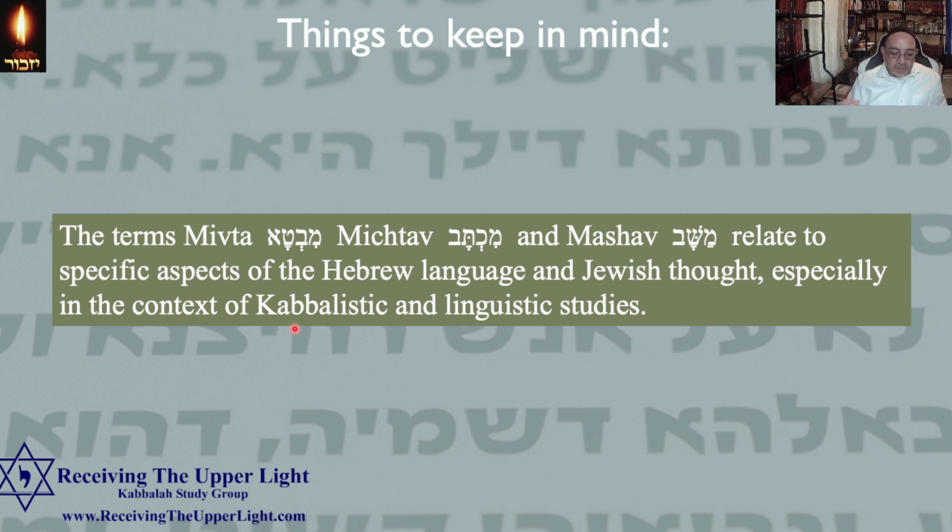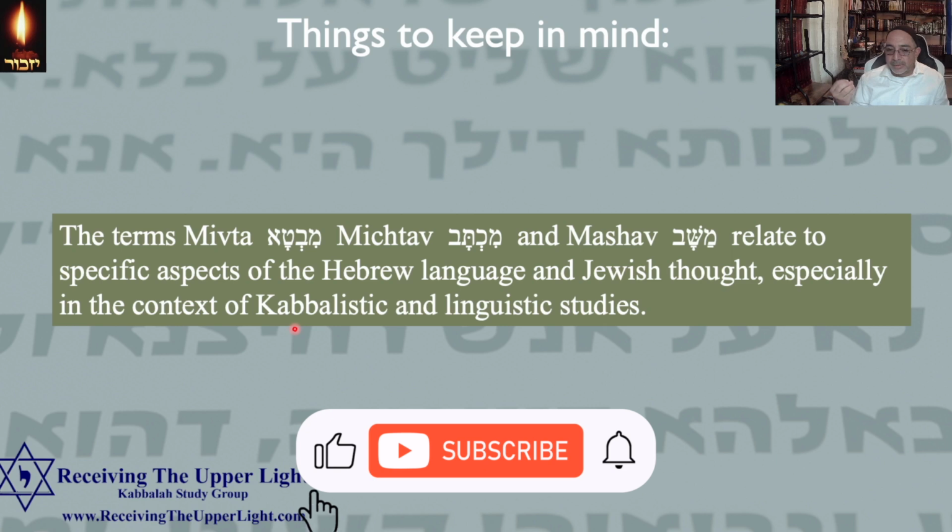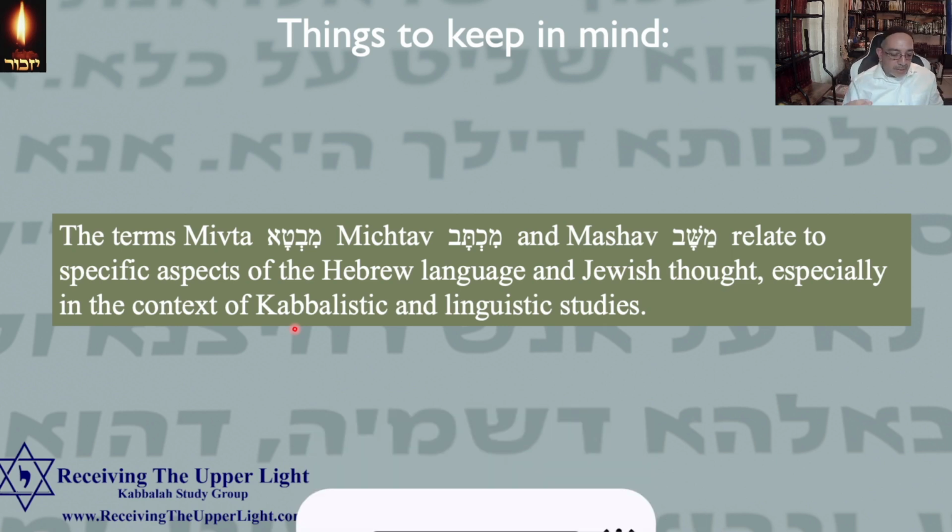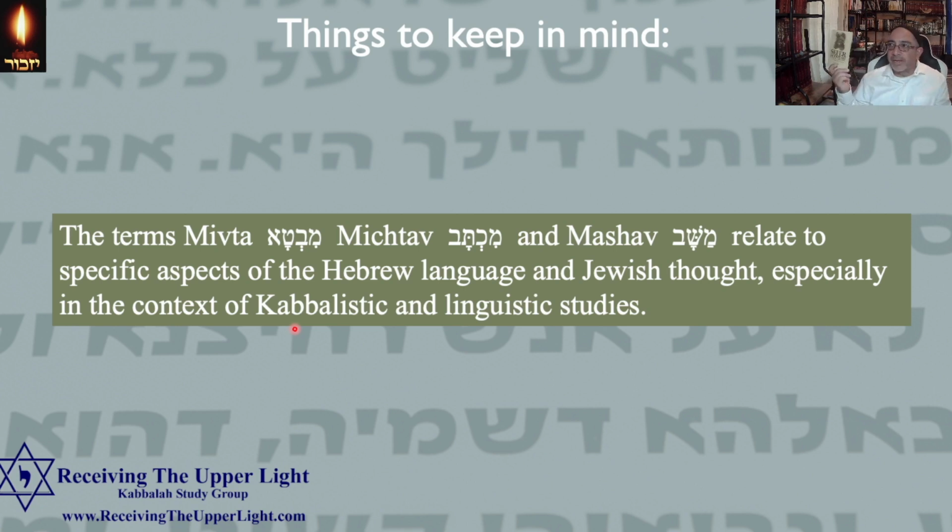With these three, the mysterious paths were created. And what we're going to see is that these three, even though they have different names in the Sefer Yetzirah, are related to the Miftah, Michtav, and Mashav.